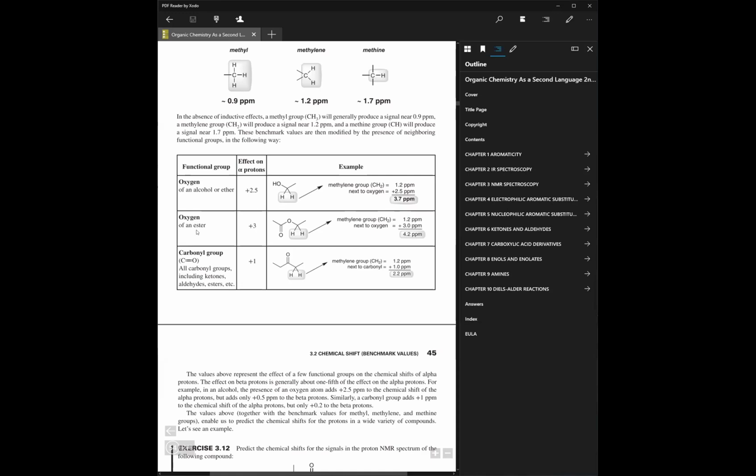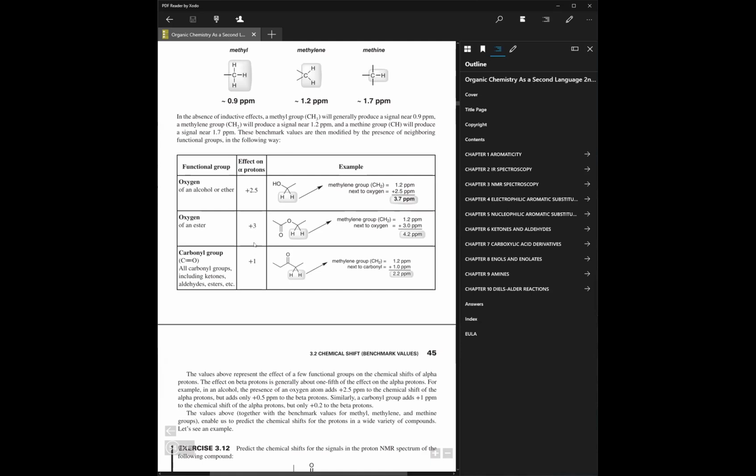And then esters are even more, because you have the direct oxygen atom, and on top of that, a carbonyl group. So there's a lot of electron withdrawal going on in an ester compared to an alcohol or ether, because those are just one oxygen atom. Here you have an oxygen plus the carbonyl group, so you have an even higher shift when it's next to an ester.